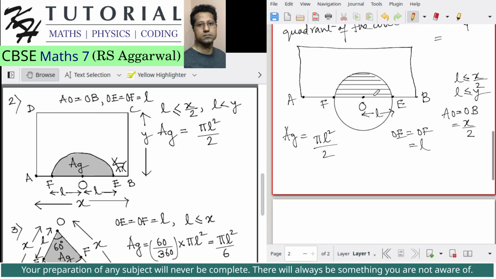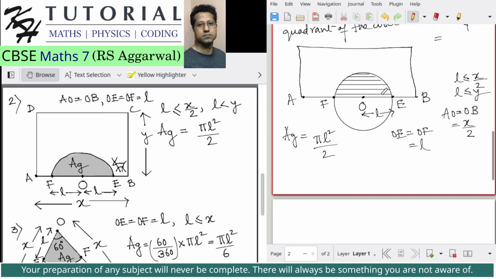So in this scenario, consider the animal is tied at the midpoint of any of the two sides, along the sides AB or DC, which is of length x, and the length of the rope L is less than equal to x by 2.